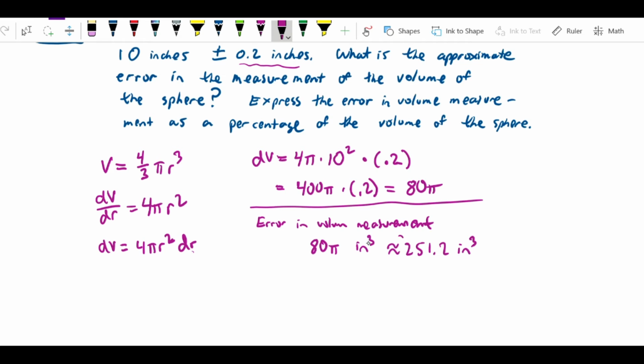Since we didn't specify decimal approximation or exact value, either of those would be accepted. Of course, on a test, you would certainly want to give the exact value unless the problem specifies otherwise. So all right, that's the error in the volume measurement.